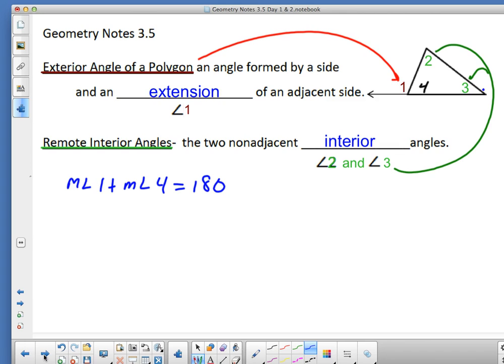Now, let's do it this way, linear pair. I know what we just went through, that the measure of angle 2 plus the measure of angle 3 plus the measure of angle 4 is 180, because that's the triangle sum theorem.